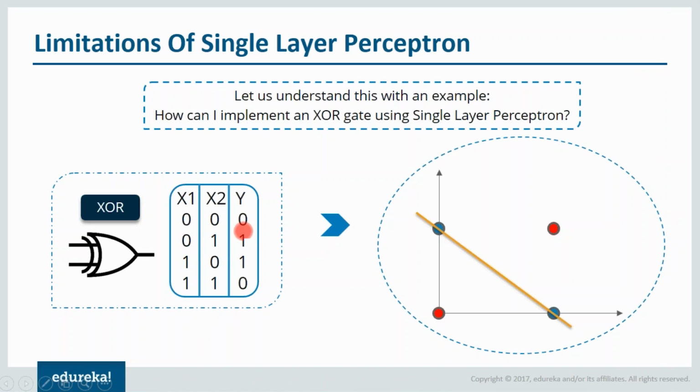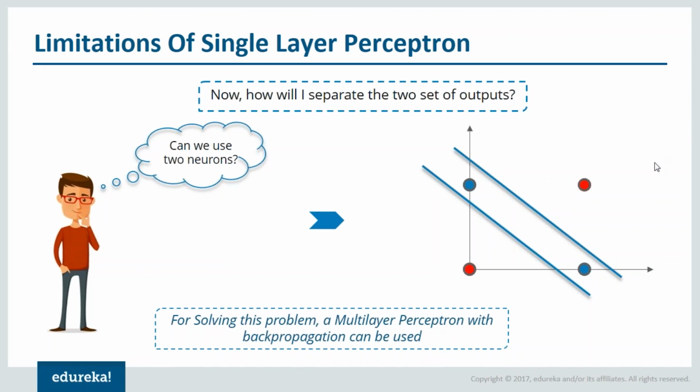If both the inputs are low, the output is low. And if both the inputs are high, the output is low. So how can we classify the high and the low outputs with a single line? Definitely you can't. If you see the points, one point is here, one is here, here, and here, in which these 2 points are high outputs and these two are low. So how can you classify with a single line? Definitely you can't.